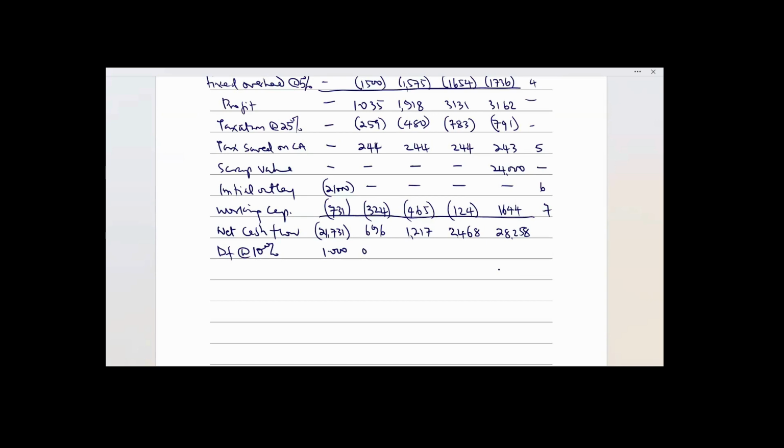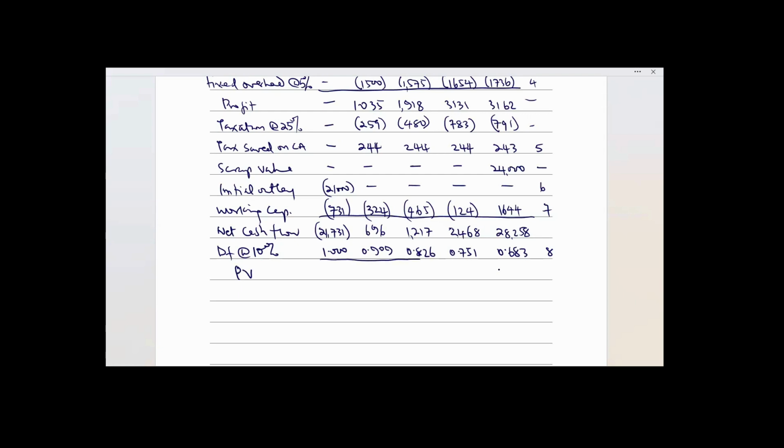So here will be 0.909, 0.826, 0.751, 0.683. Here is working number 8. Then I will get my present value.